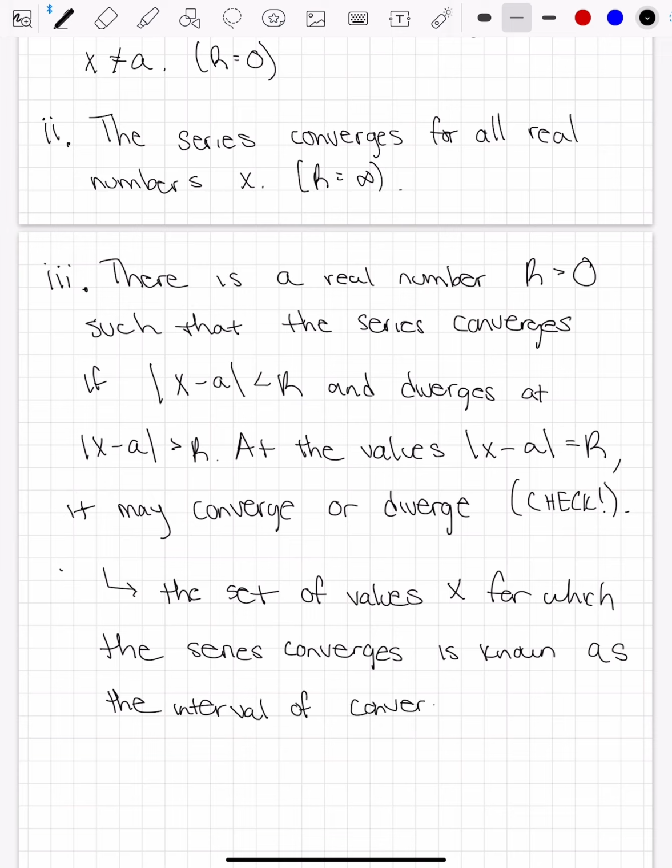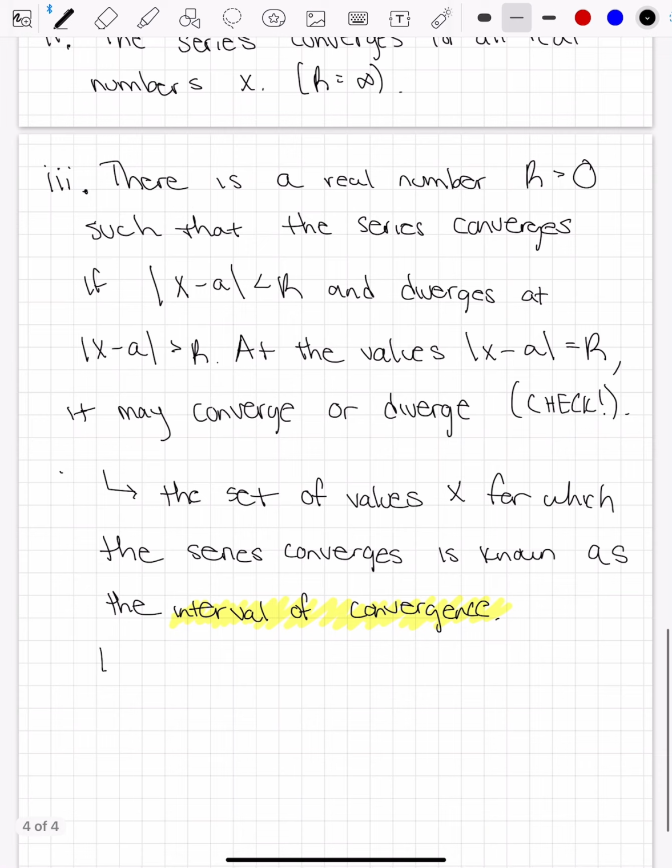So interval of convergence, I've been saying it, but that is one of our vocabulary words. And as I've been calling capital R, the value of R is called the radius of convergence.